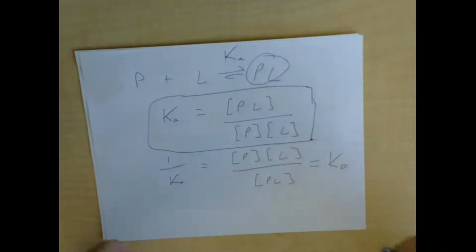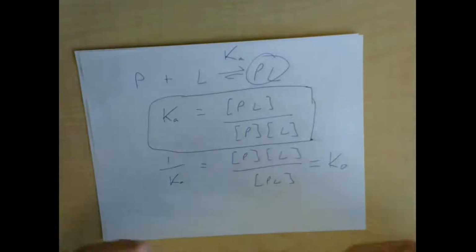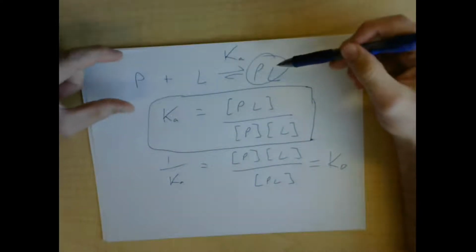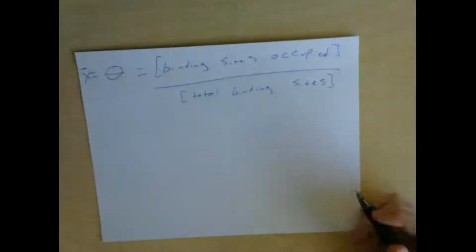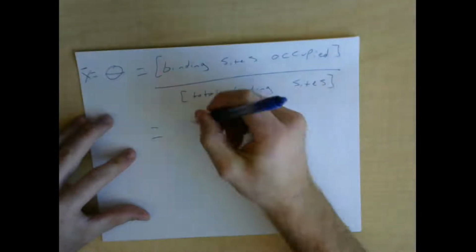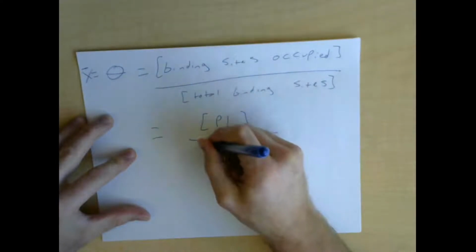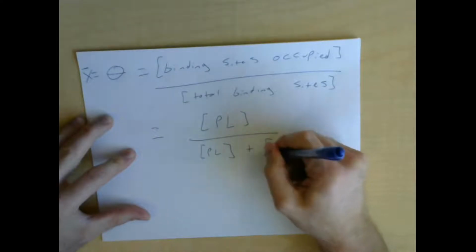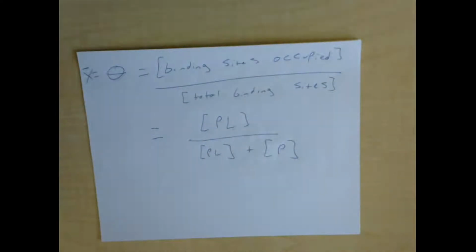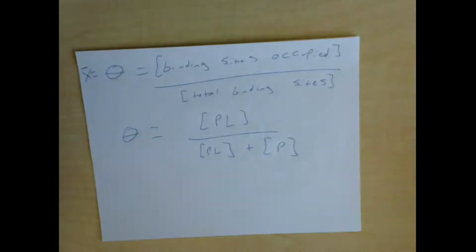Basically, the protein contains all of your binding sites, so the concentration of total sites is the sum of the protein in all states. So this can be written as the concentration of PL over PL plus P. That's all that your fractional saturation is.